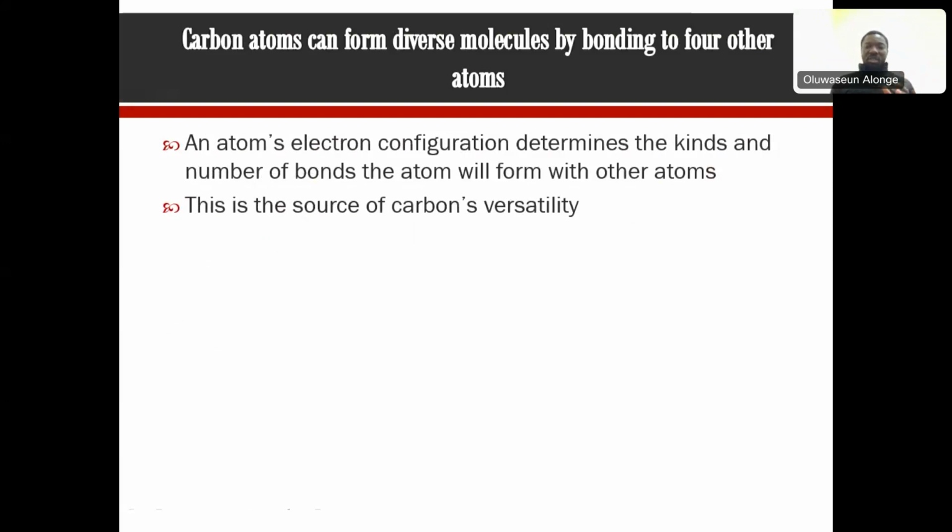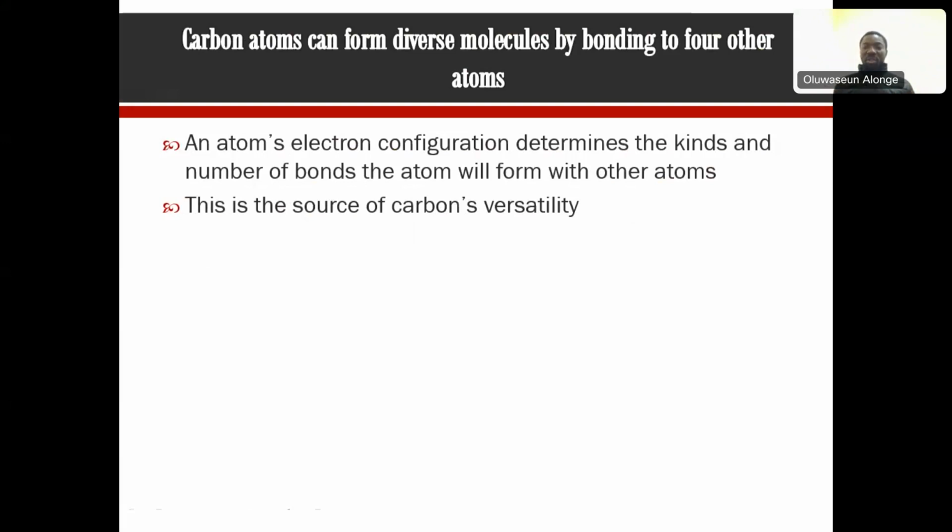What determines an atom's electronic configuration is the kind of bonds that make up the element. So we talk about the kind of bond, the kind of molecules and elements that make it up. We'll talk about ionic compounds, polar compounds. So like water, we say water is a polar molecule.